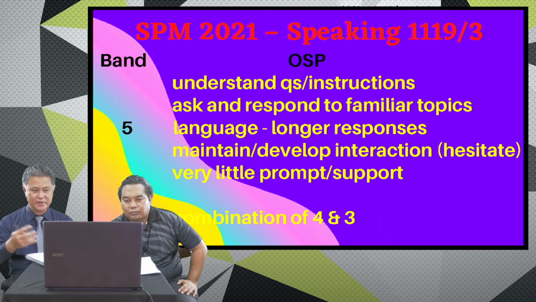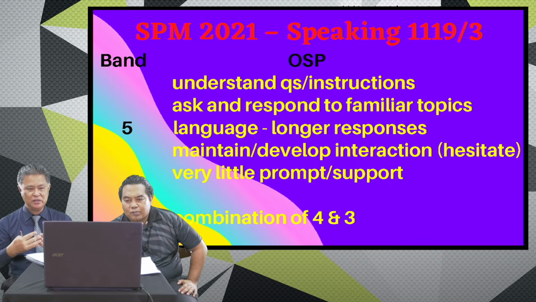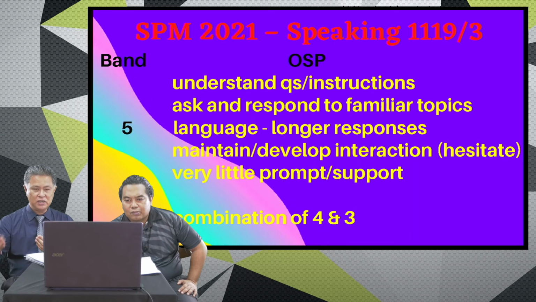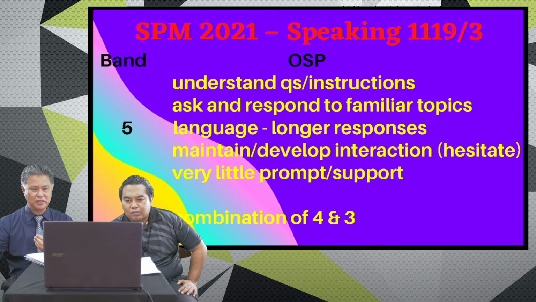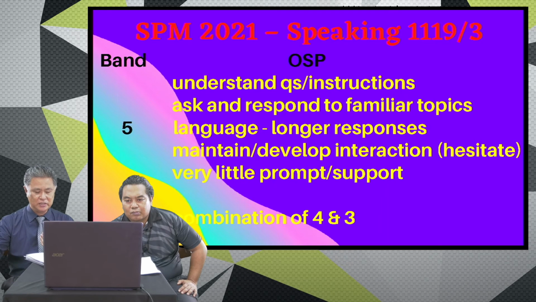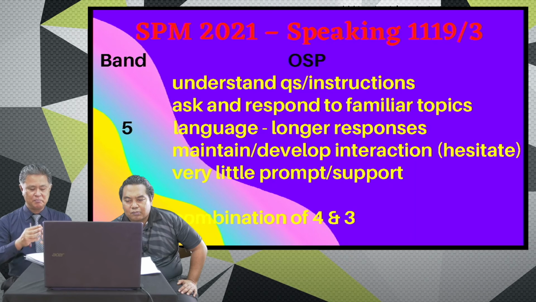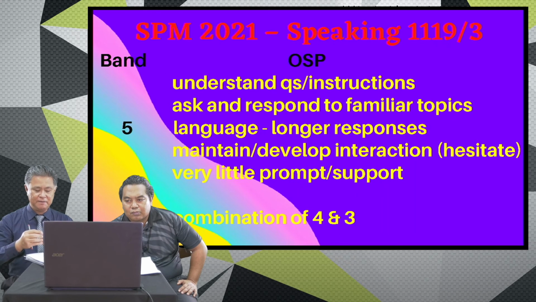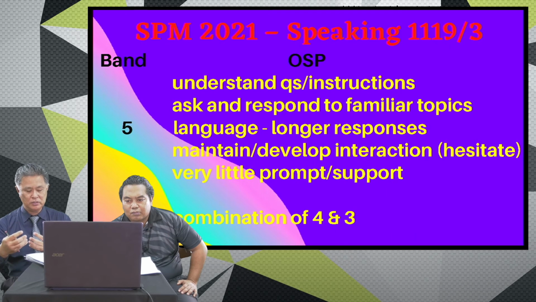Compared to the first one, which had more abstract, more complex topics, this one is to a familiar topic with still some longer language structures. The interaction is maintained and also develops, but with some hesitation and still very little prompt and support needed.